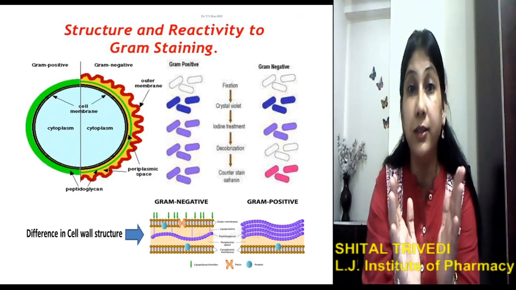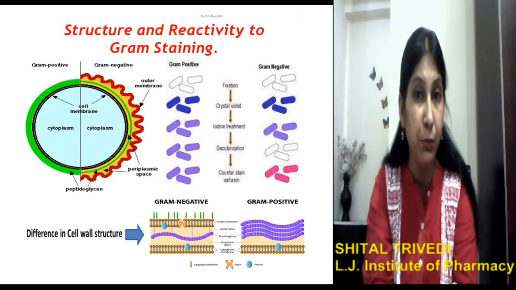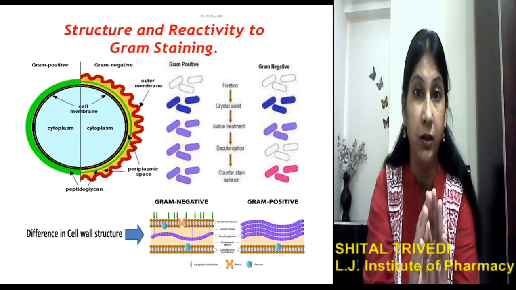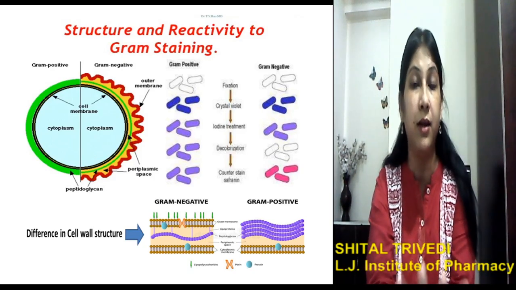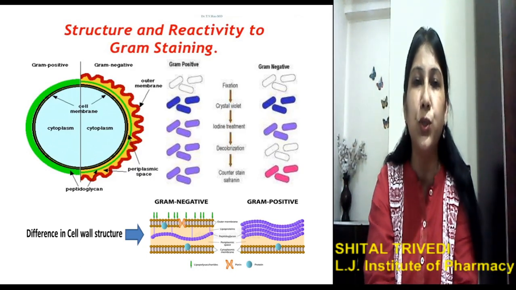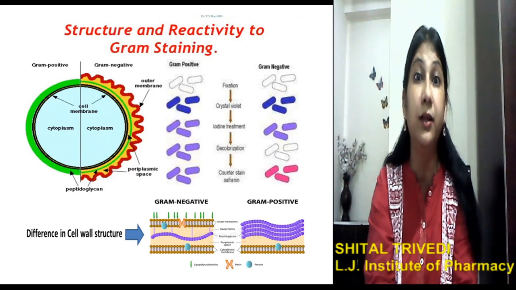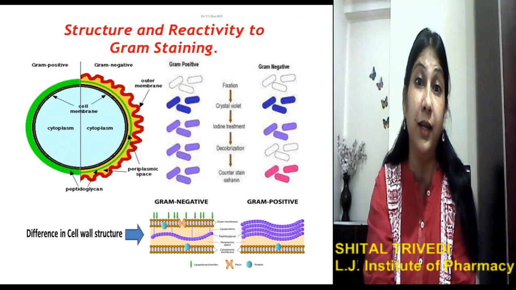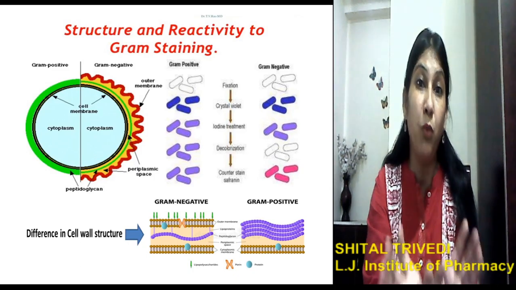When the bacteria are treated with the primary stain, the primary stain stains both gram positive and gram negative bacteria. This technique also involves the use of a mordant. A mordant enhances the binding of the stain with the microorganism. Here the mordant is Gram's iodine.